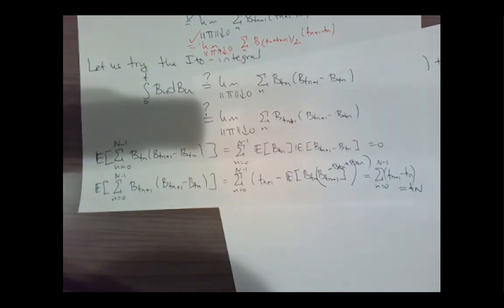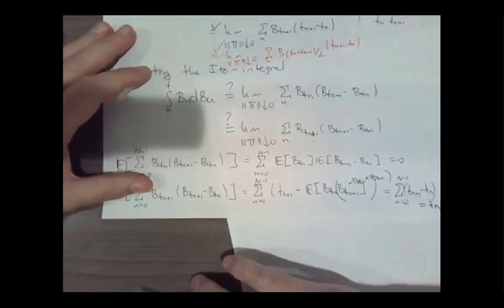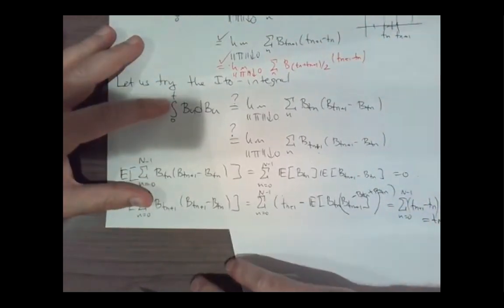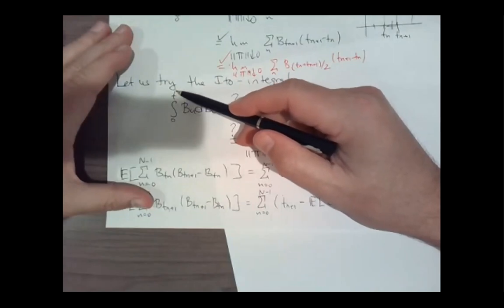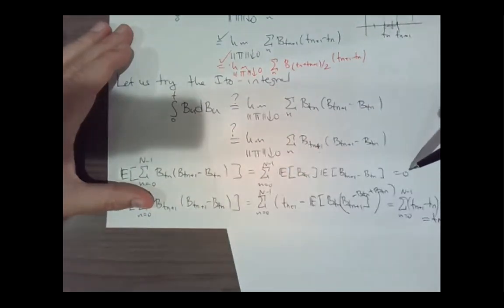If it's a martingale, the expectation is constant. Which of the two should it be? The first, because it's constant. Yes, it's constant, but it's not just any constant. It's equal to the initial value. When you put t equal to 0, what's the left-hand side? 0. So there's your 0.